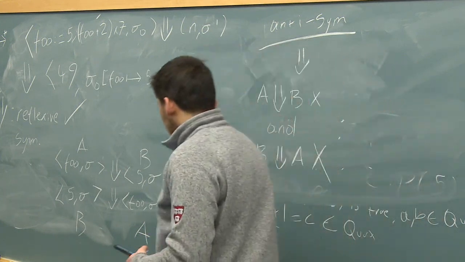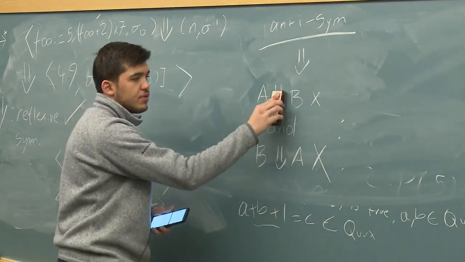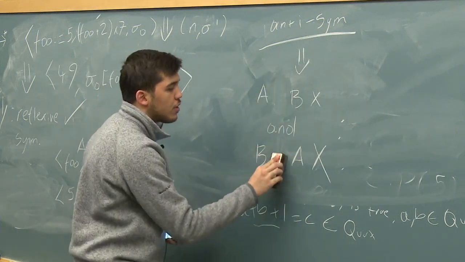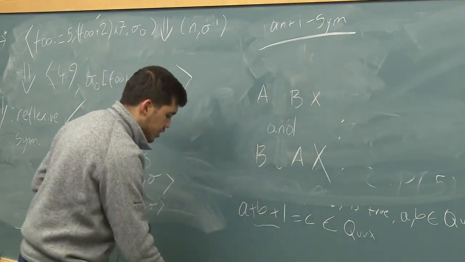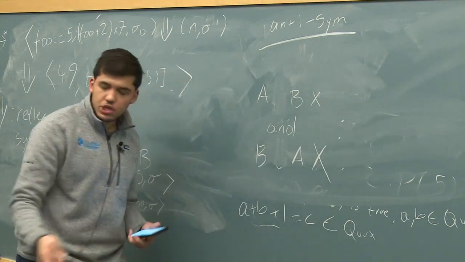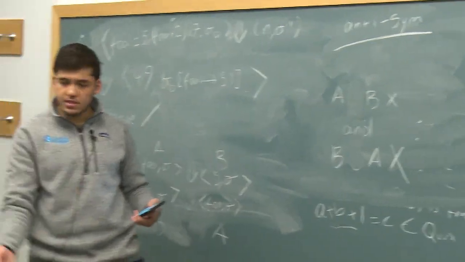Or a better description of this would be substituting the large step relation for just any relation that we have. That relation could be addition, multiplication, small step, large step.